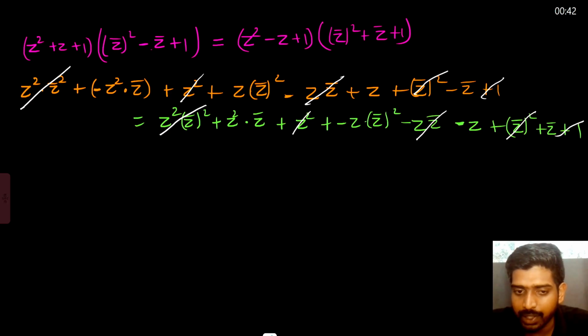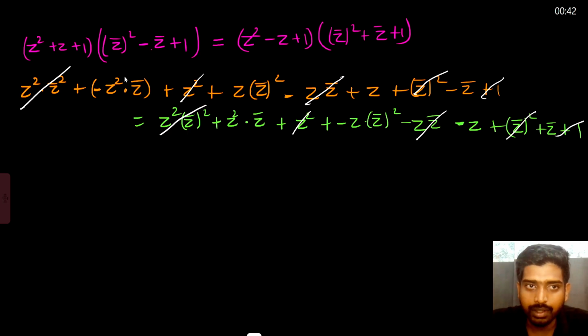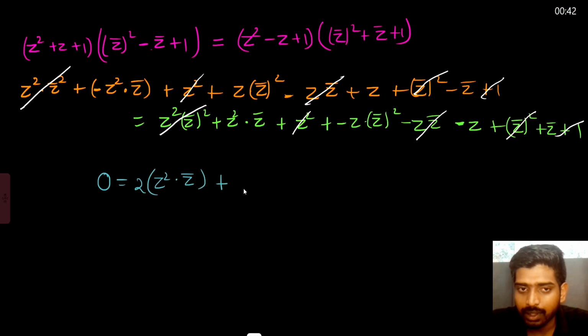Finally, we'll bring everything to one side. So here we'll get 0 is equal to z square multiplied by z conjugate multiplied by 2, minus 2 times z into z conjugate square, and z will come to that side.